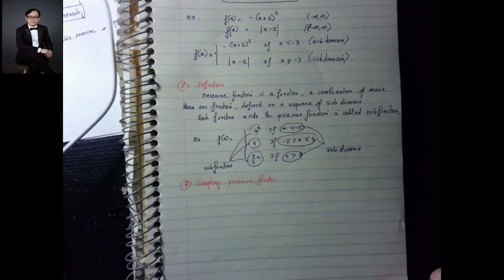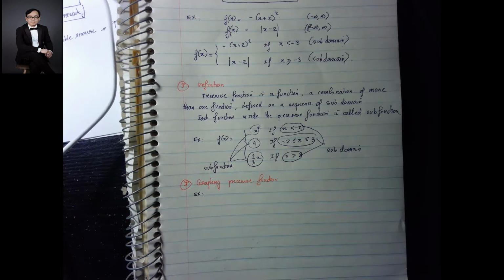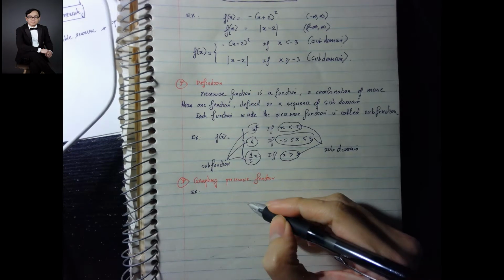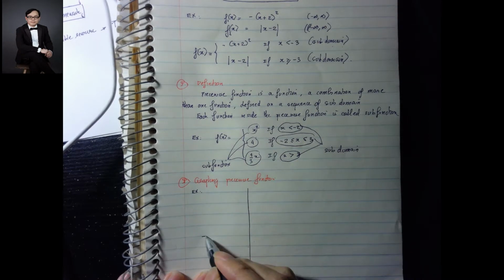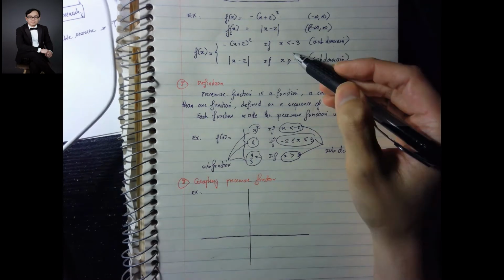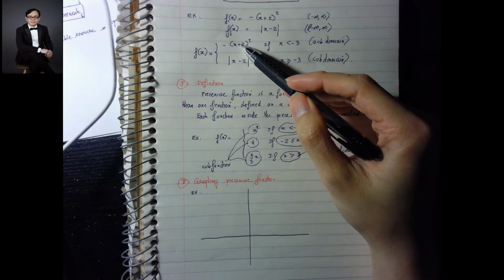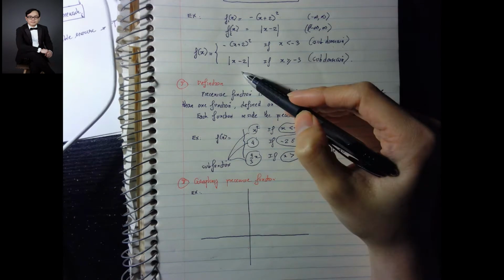Let's go ahead and graph this example right here. Let me draw the coordinate axis. In this example, we need to apply two restrictions. We graph the first subfunction, then apply the restriction for the first subfunction, then we grab the second subfunction and apply its restriction.